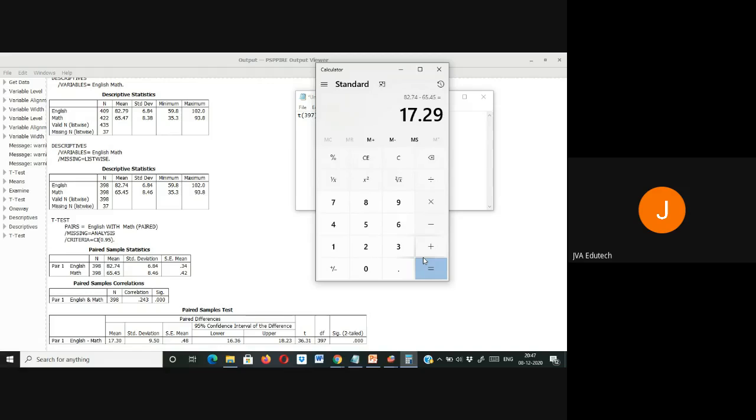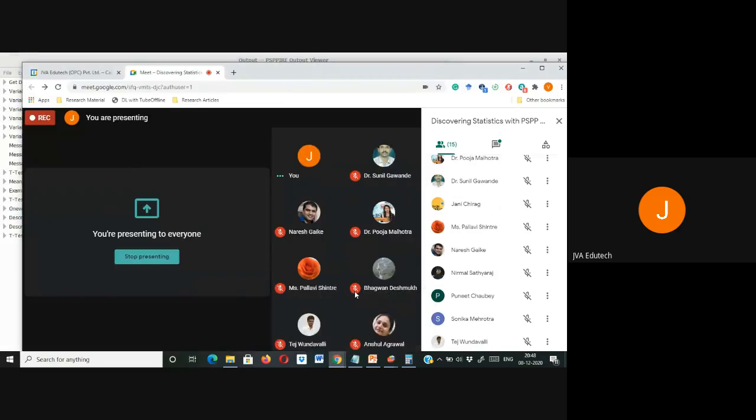But through this table, you can say that there is only a weak correlation between their performance in English and math. It doesn't have much effect. And third thing you can write that on an average, the scores of the students in English were 17.3 points higher than their scores in mathematics. Is that clear?